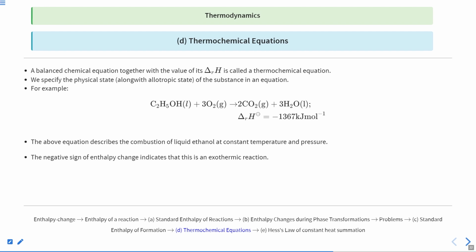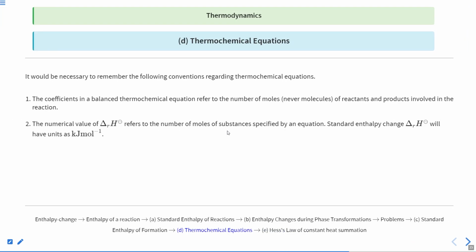Now let us move to thermochemical equations more efficiently. This is called a thermochemical equation, which is a balanced equation along with the enthalpy change. This equation is describing the combustion of ethanol at constant temperature and constant pressure, and the negative sign indicates that heat is evolved during this process.